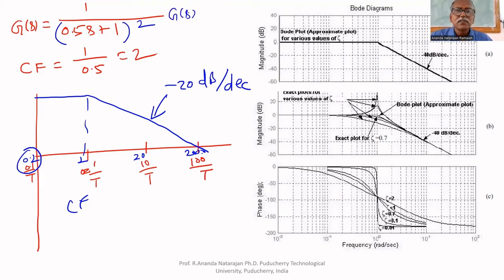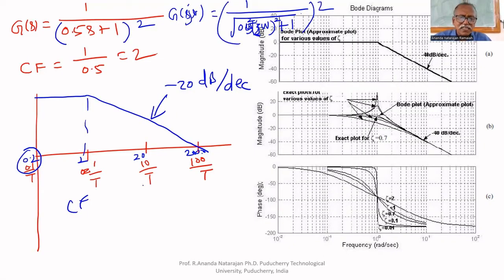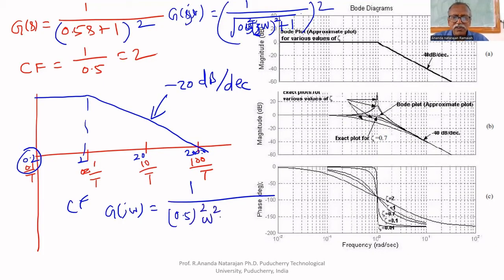G of j omega equal to 1 by square root of, 0.5 j omega plus 1 whole square, that is equal to 1 by 0.5 square omega square plus 1.